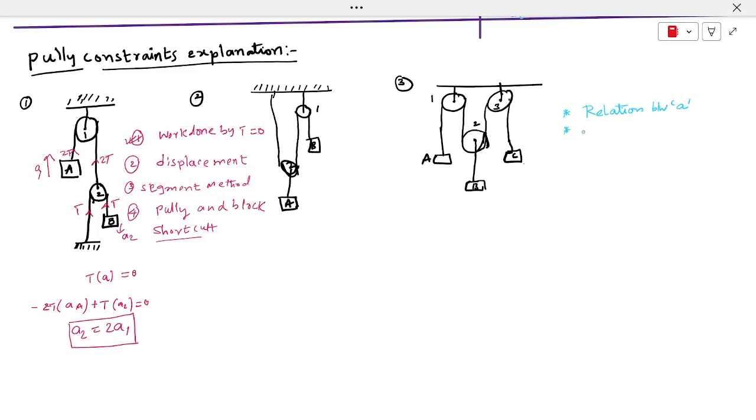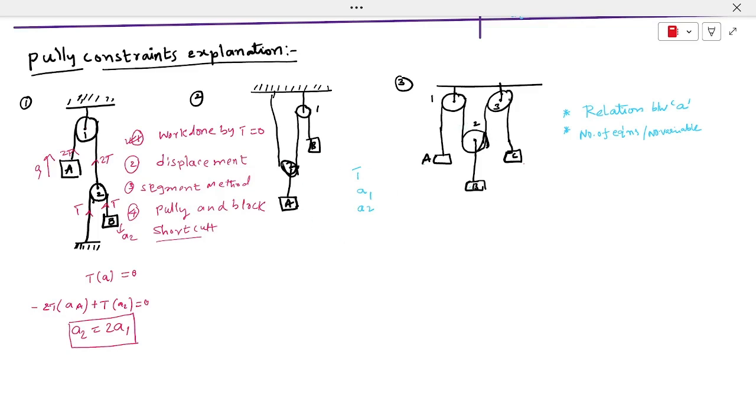And here, the number of equations and number of variables. If you see these diagrams, tension and accelerations of A, B, and C are variables. Tension, so 4 variables are there.